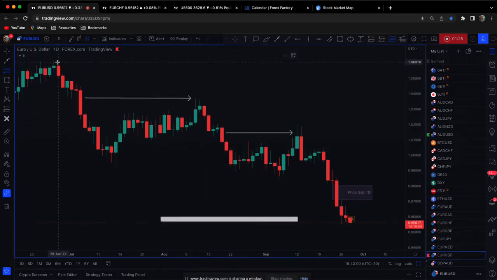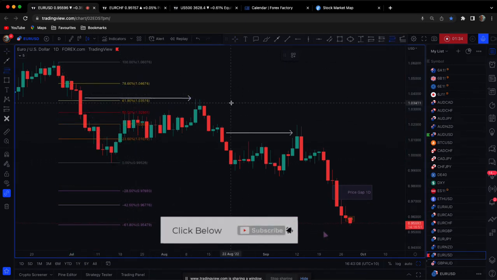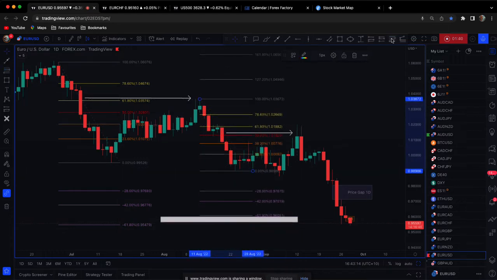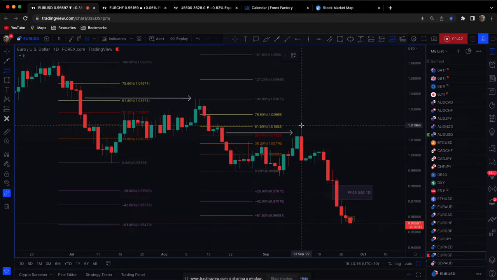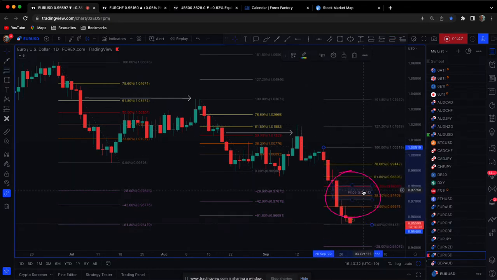Here's the thing. I would grab the fib, high to low, 61.8, bingo. Fibonacci, high to low, 61.8, look at that. Grab a Fibonacci, we'll just go from here, high to low. Price gap in here, 61.8. So it's a possibility.